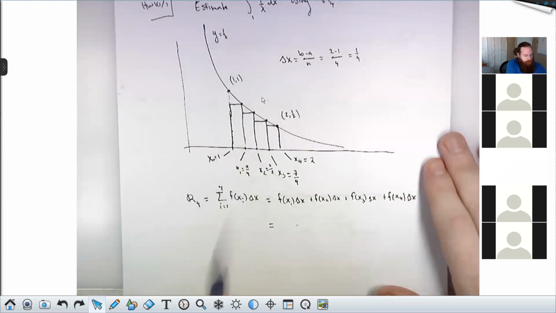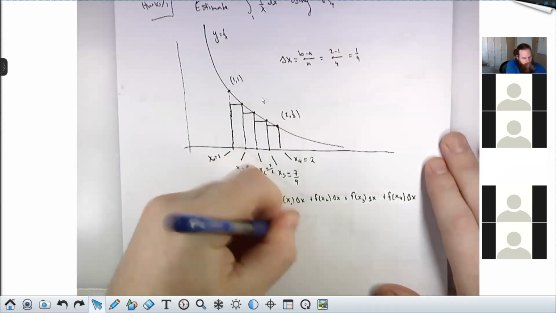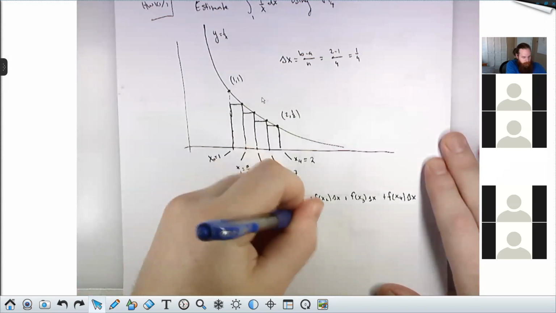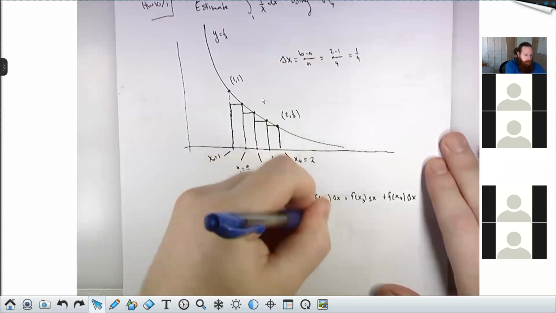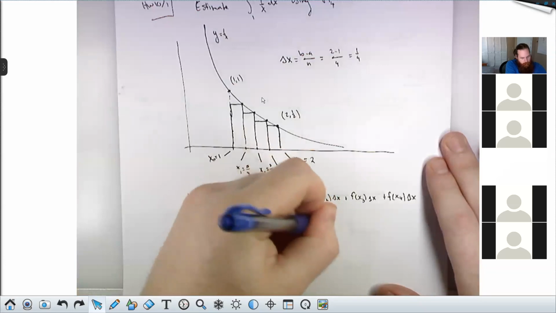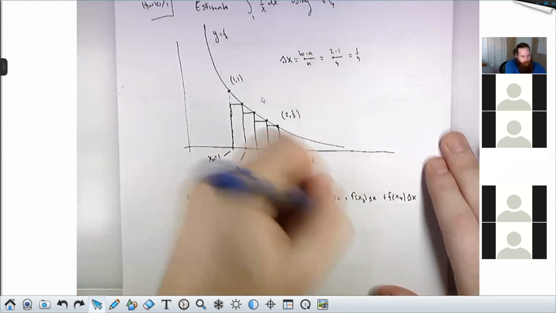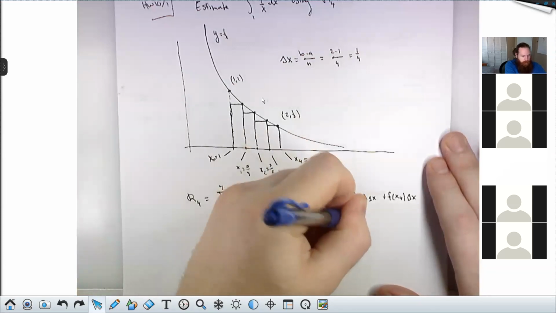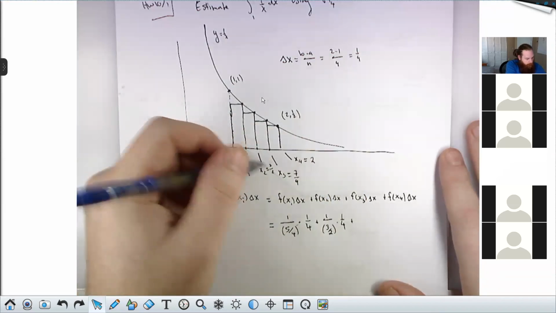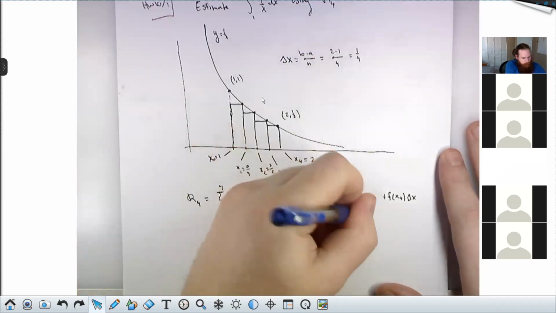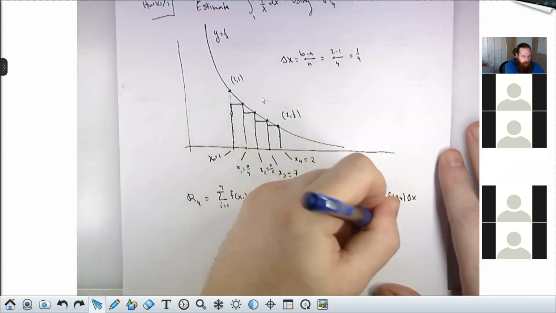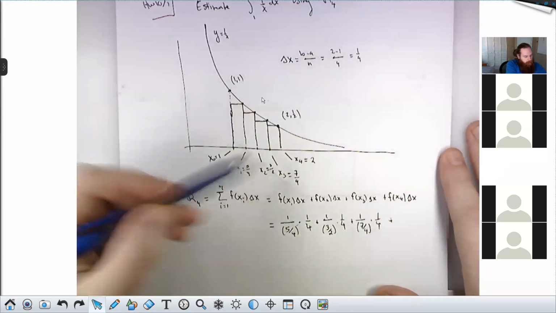So x1 was 5/4. So this is 1 over 5/4 times delta x, which is 1/4, plus x2 is 3/2. This is 1 over 3/2 times 1/4, plus x3 was 7/4. So this is 1 over 7/4 times 1/4, plus x4 is 2.